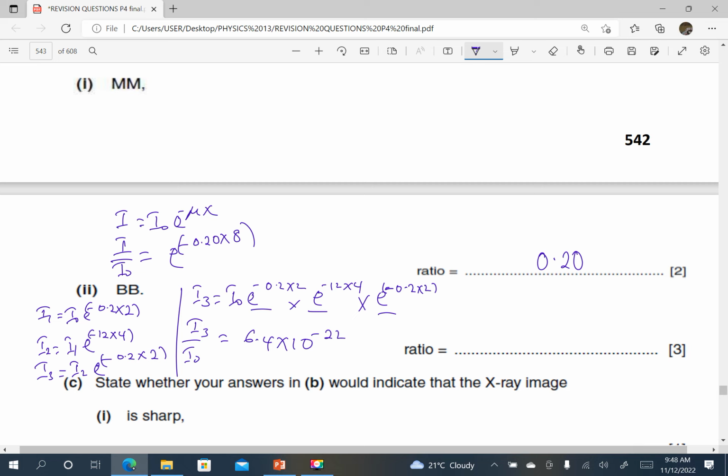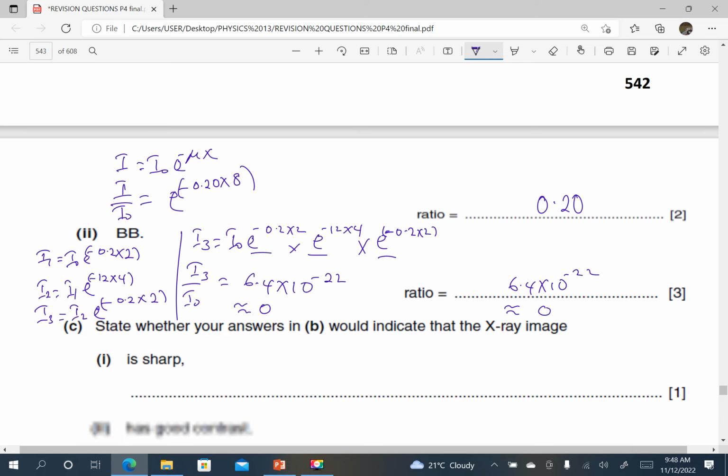Of course, this is approximately 0. So you can write 6.4 times 10 power negative 22, or if you want, approximately 0. Okay, so that is through bone.